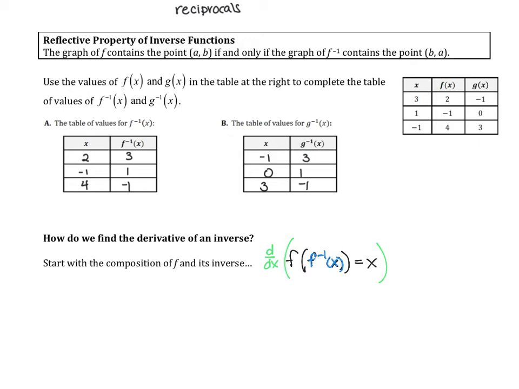So using the chain rule, what we would get is the derivative of the big outside function, and what would be inside is still that inverse, multiplied by the derivative of the inverse. I'm going to notate that like this, equals, and then the derivative of x would be 1. So here's what that looks like when we use the chain rule.